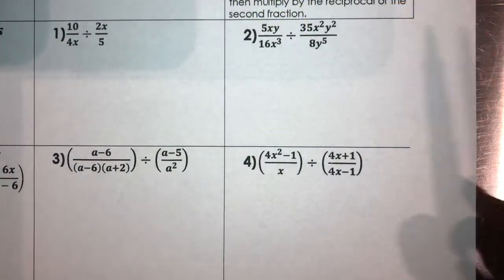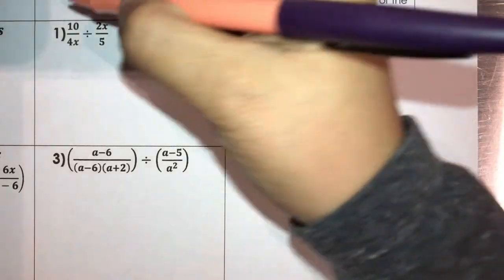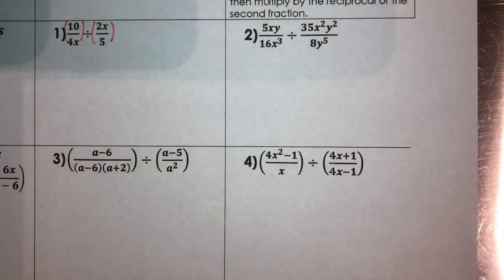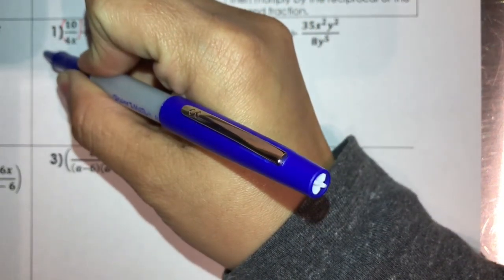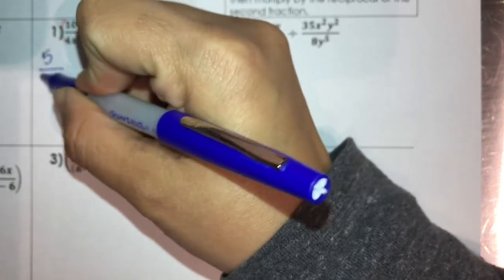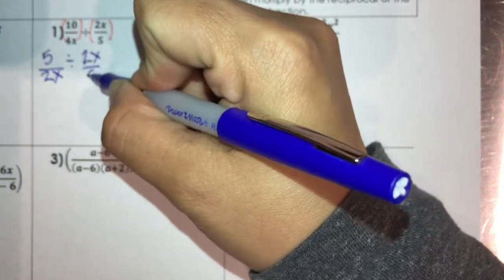Let's continue to number 1. You're going to want to factor each fraction on its own, and then put them together. Factoring 10 divided by 4x, you factor out a 2, so it's 5 over 2x, divided by 2x over 5.